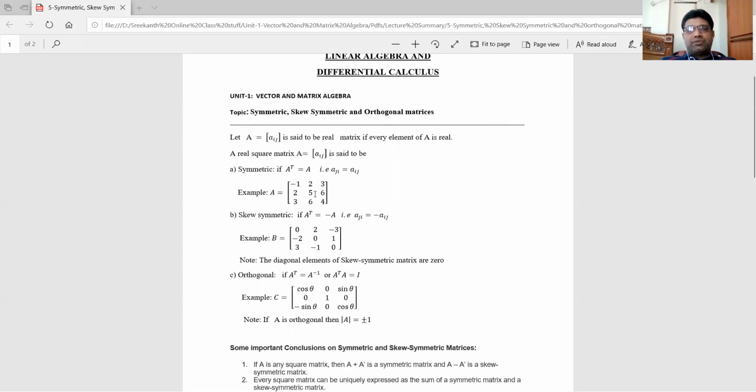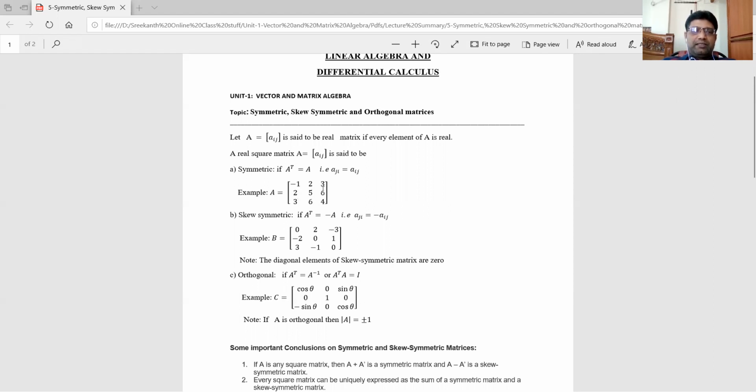For example, if you look at this matrix, A equals: first row is -1, 2, 3, second row is 2, 5, 6, third row is 3, 6, 4. If you make these rows as columns, -1, 2, 3 as a column is -1, 2, 3. 2, 5, 6 as a column is 2, 5, 6. 3, 6, 4 as a column is 3, 6, 4.